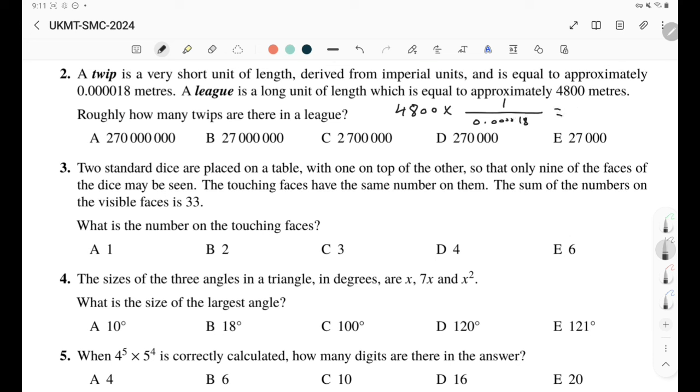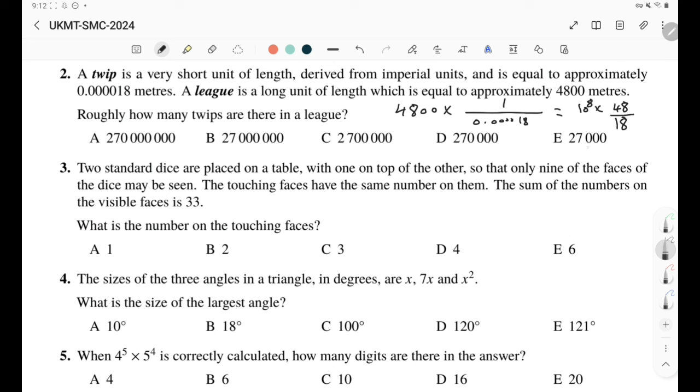Now we need to calculate this. We should just multiply by 10 to the 6, I think. Let's double check. Here they will have 4 zeros, and here yes, 2 numbers. So if we multiply by 10 to the 6, both numerator and denominator, we get 10 to the 6 here and 10 to the 8 there, so it's 10 to the 8 times 48 divided by 18.